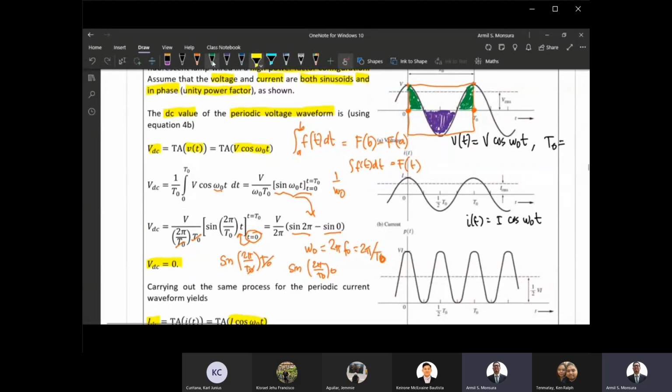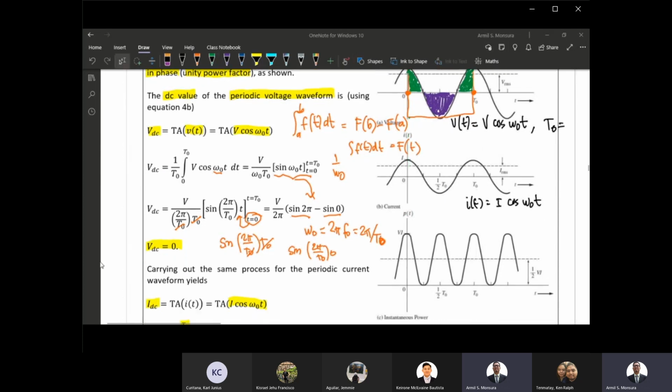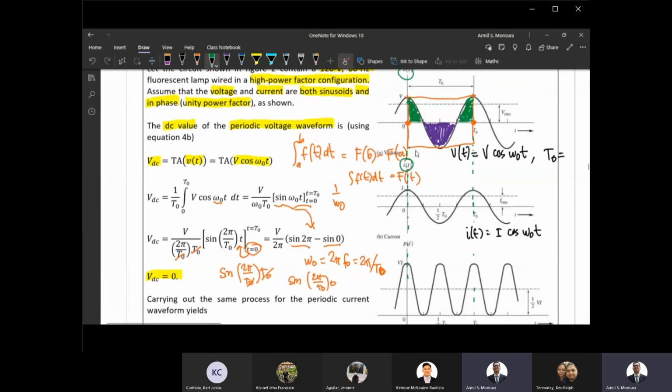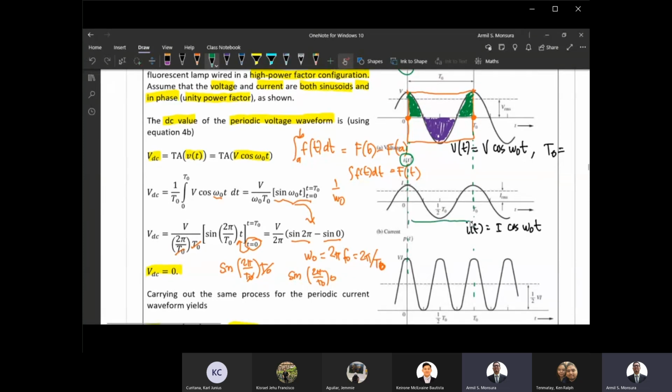So here we see that, ito at saka ito. Yan yung T0 eh. Okay? That's T0. Ito yung T0 natin. So from here up to here. So mapapansin niyo na in your voltage or current waveform, isang cycle lang ang nabubuo sa mga waveforms nila within the interval ng T0. Okay?